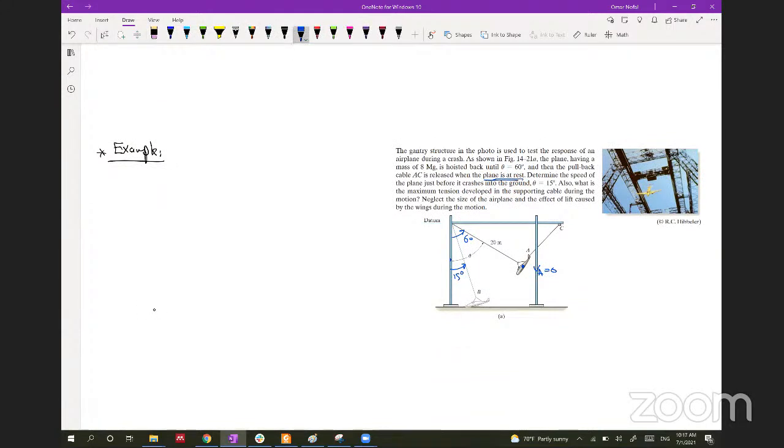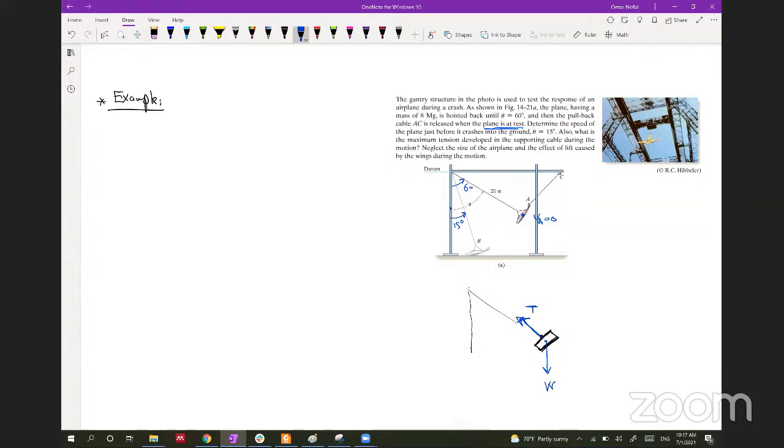If we have this is our plane, and it's attached to a cable, and this cable should be perpendicular to the body of the airplane, and it has tension T, and we know that there is a weight going down like this.